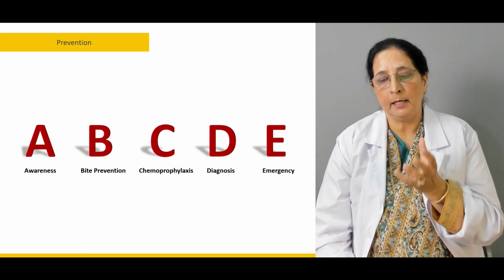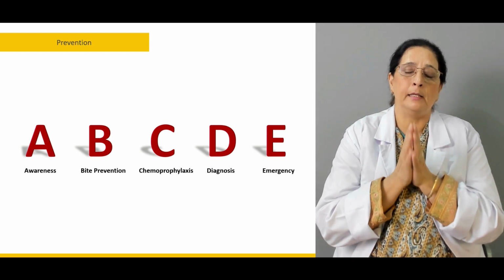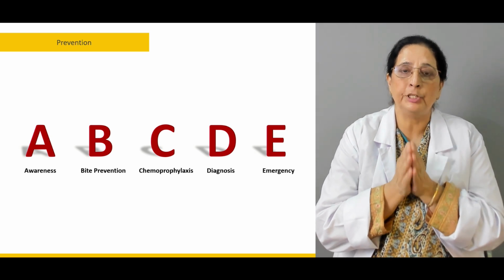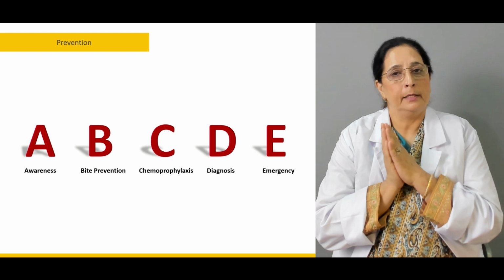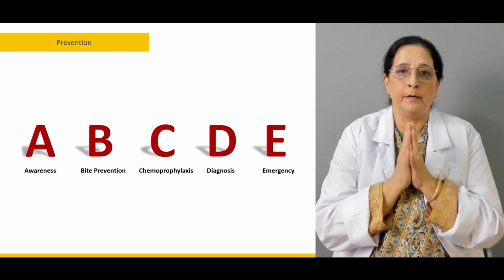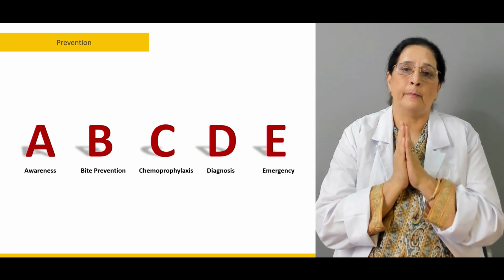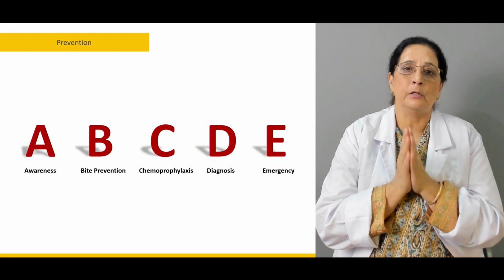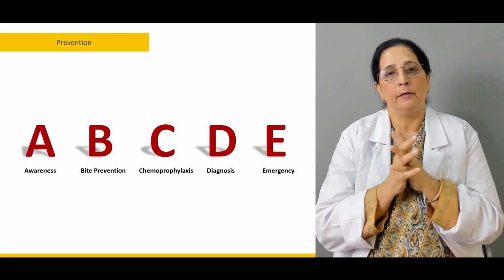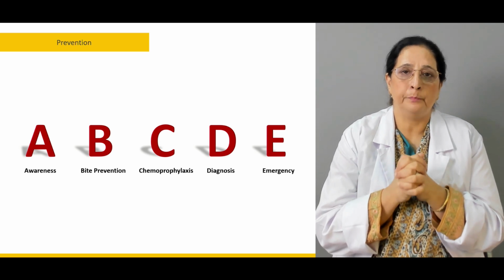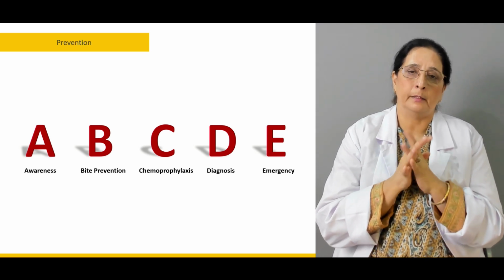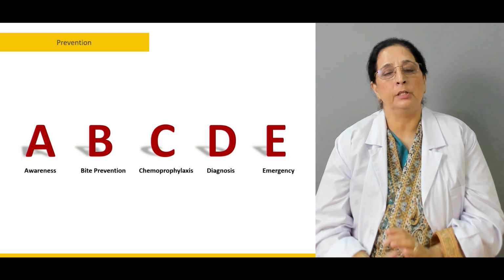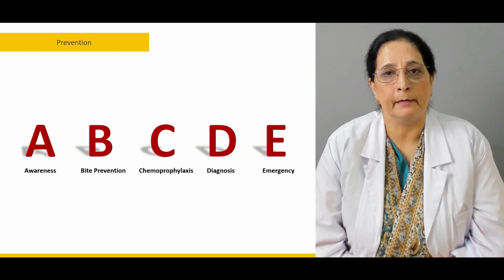And then the emergency, we should know that this is an emergency, complications are present, and if the patient is not treated properly, remember that malaria is at the top of the list among infectious diseases that cause a lot of mortalities or deaths. So it is very important that we deal with the patient properly, and try to treat before the patient reaches the emergency level.